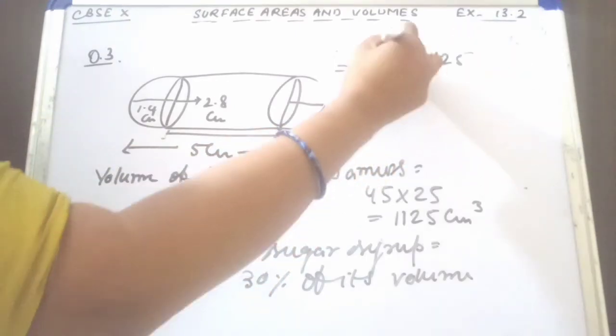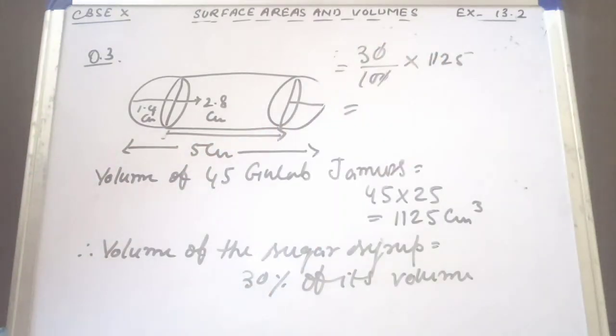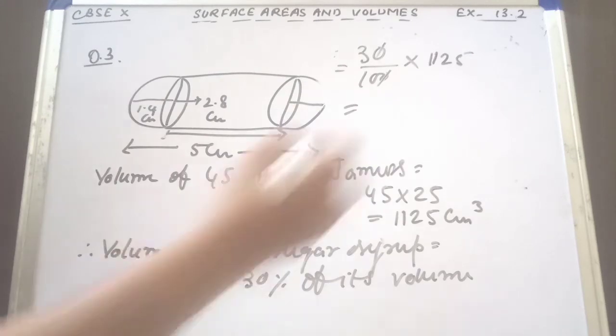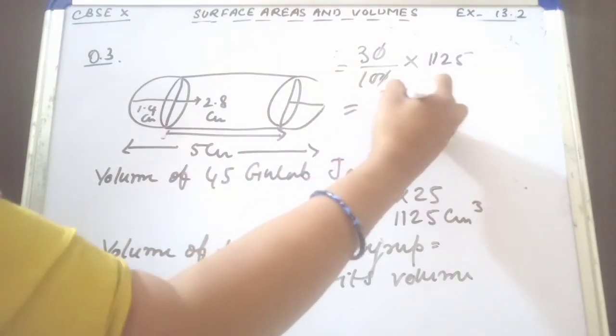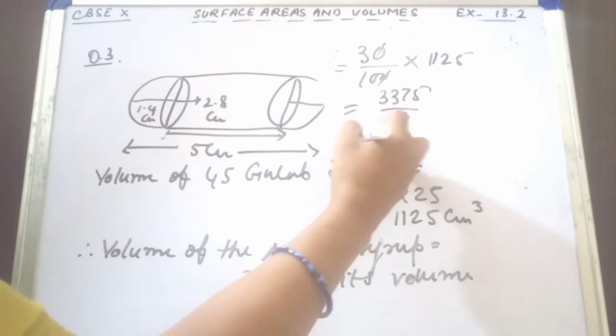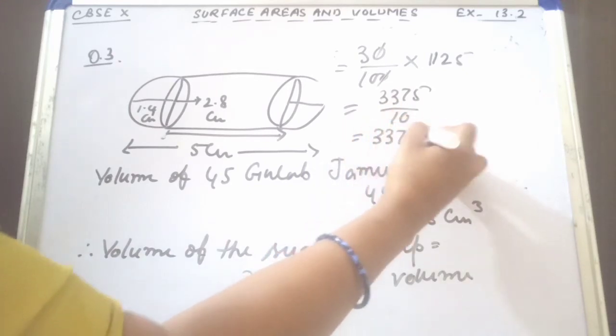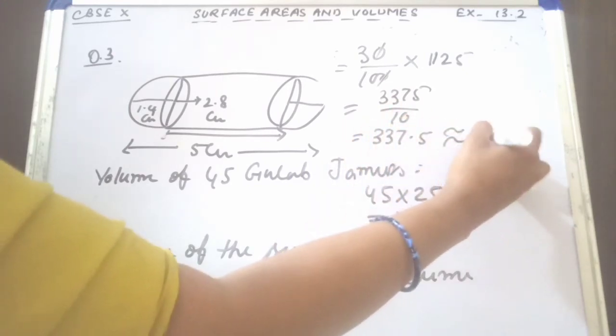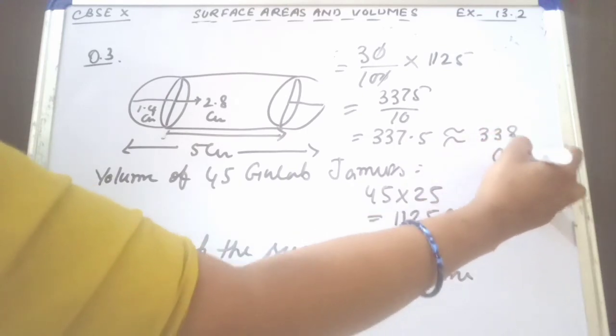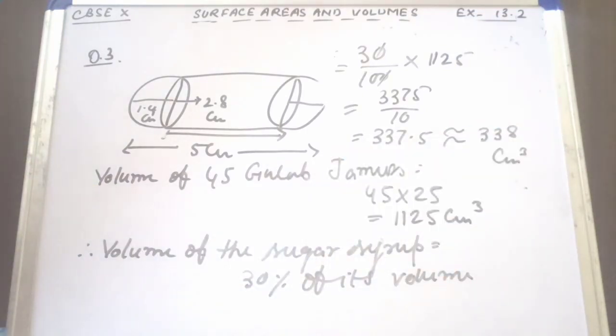The 00 cancel out. So that means 3375 by 10, that is 337.5, approximately 338 centimeter cube. So that's the answer. Now next question, question number 4.